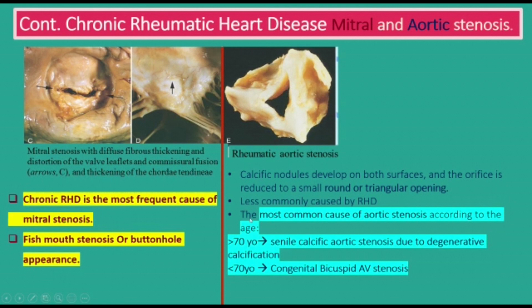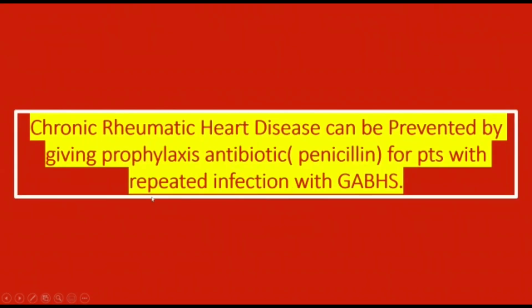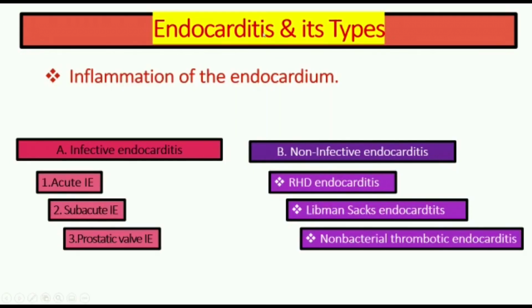Rheumatic heart disease is not a really common cause of aortic stenosis. We have other common causes, which are senile calcific aortic stenosis in patients more than 70 years old, and in patients less than 70 years old, the most common cause of aortic stenosis is congenital bicuspid aortic valve stenosis. Basically, chronic rheumatic heart disease can be prevented by giving prophylactic antibiotic penicillin for patients with repeated infection with group A beta-hemolytic streptococcus.